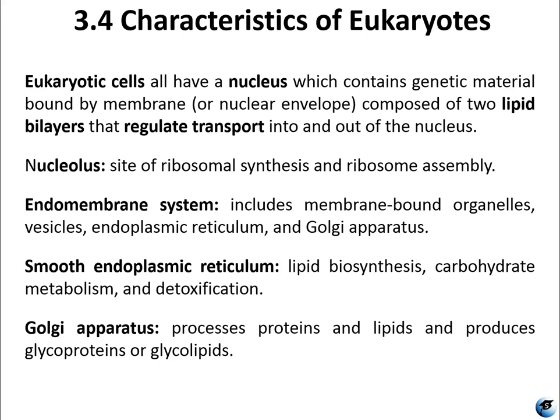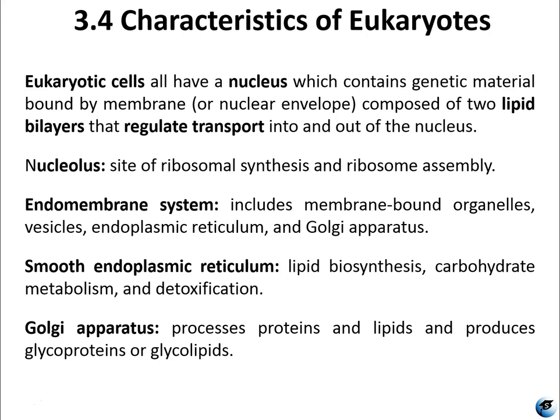The endomembrane system includes the membrane-bound organelles, vesicles, endoplasmic reticulum, and Golgi apparatus. The smooth endoplasmic reticulum is for lipid biosynthesis, carbohydrate metabolism, so breaking down starches and carbohydrates, and detoxification.